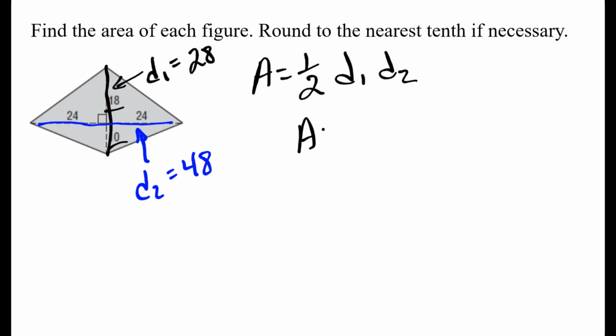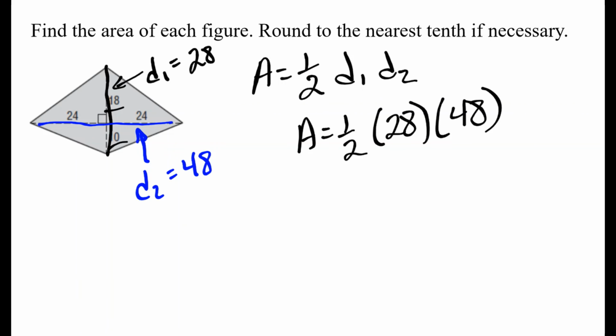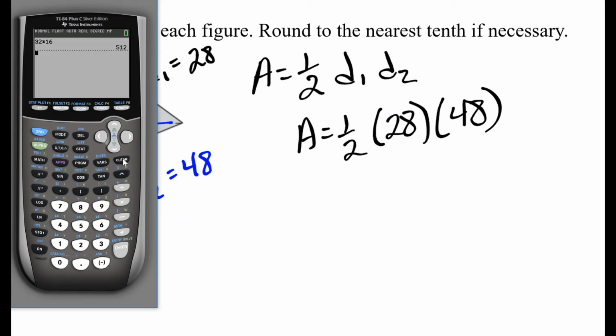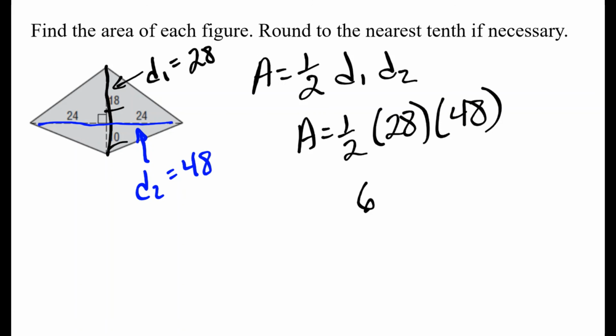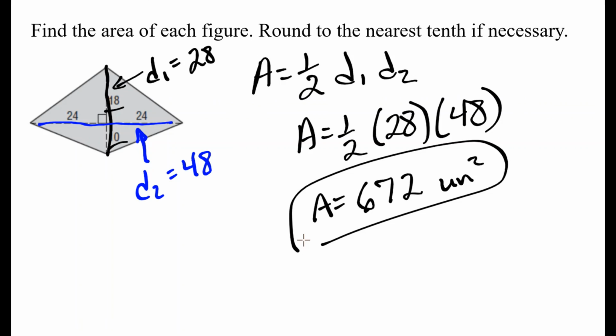So for my formula, I'm simply doing 1/2 of 28 times 48. So our area on this one would be 672 square units.